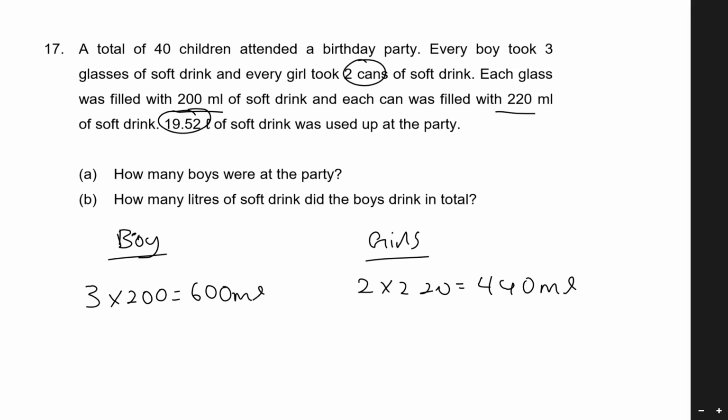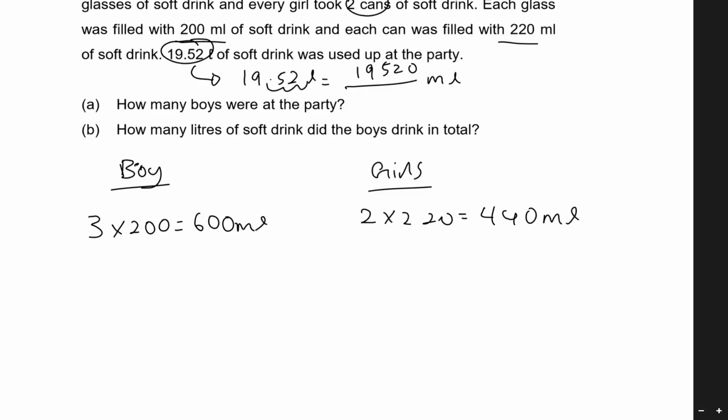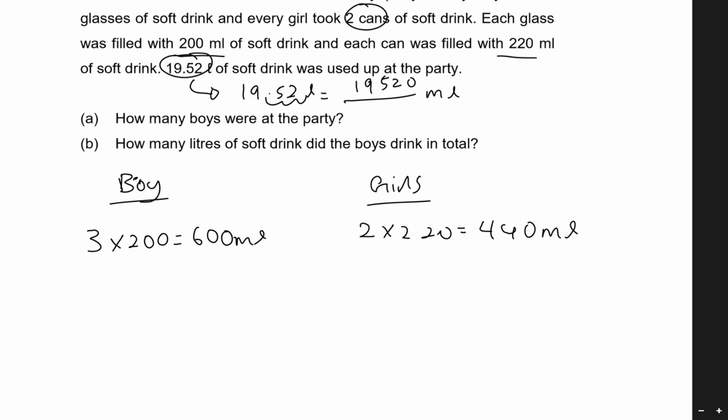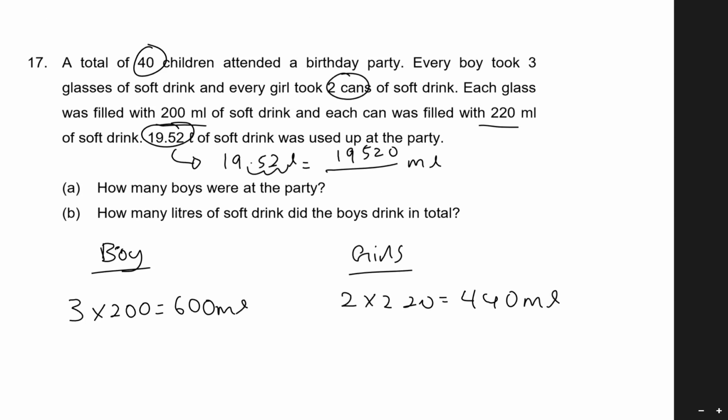Now a total of this amount was used up. This is in liter and this is in milliliters, so we want to change this into the same units. Big to small, times by 1000. So 19520. Now do we know how many total boys and girls there are? There are 40.